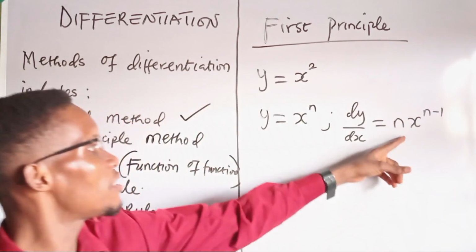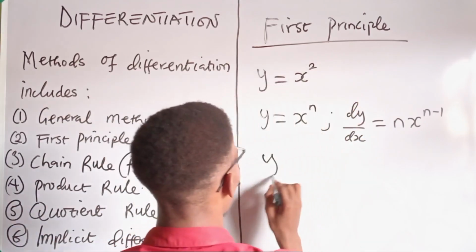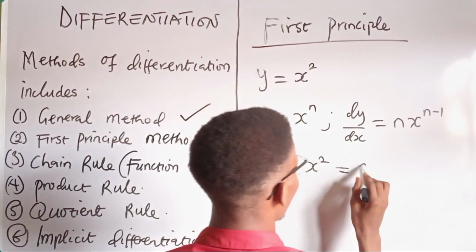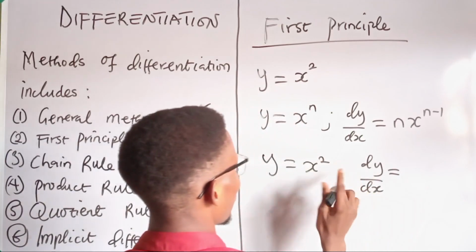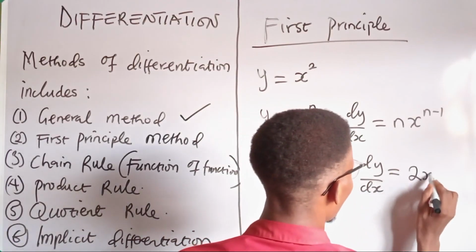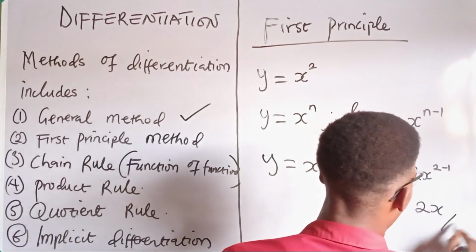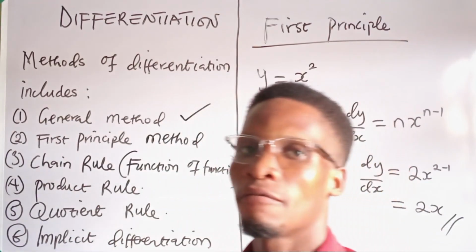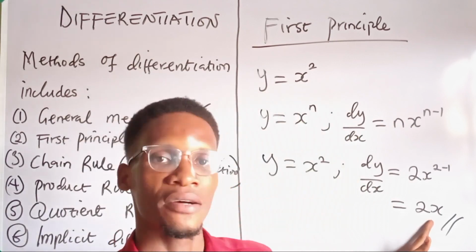If we apply this method here, y equals x squared gives dy over dx equals 2 come down, which is 2x raised by 2 minus 1, being 2x as the answer. This implies that when you apply the first principle method of differentiation, you are going to get 2x as your answer.